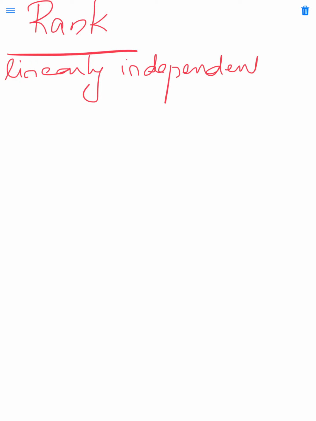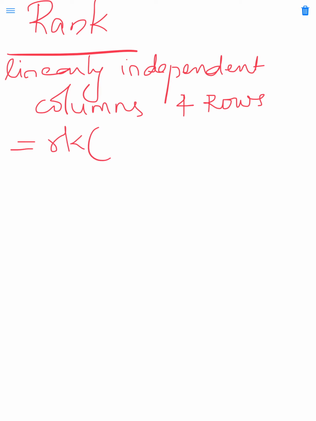Rank is like this: from the matrix formed of the vectors, you need to find the linearly independent columns and rows, and that forms the rank of A.